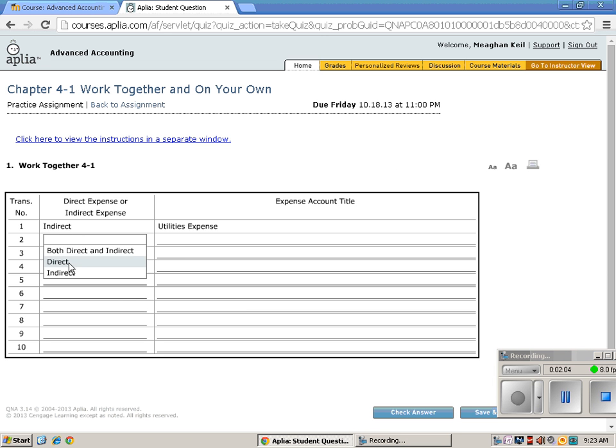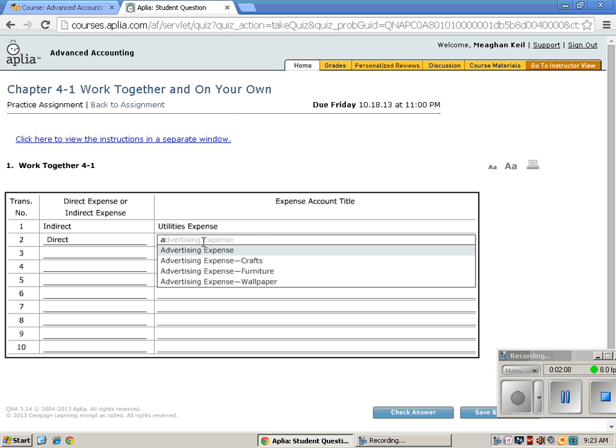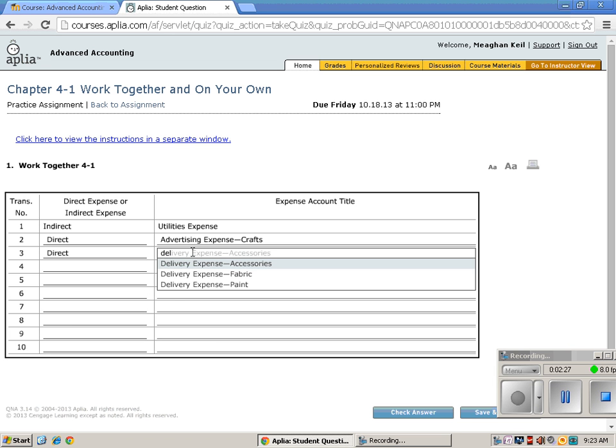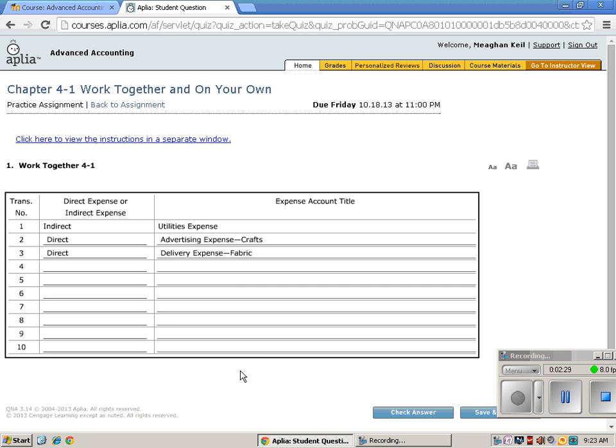It's going to be a direct expense for the craft department, advertising expense, crafts. Number 3 says we paid cash for rush delivery, the delivery expense, on a special order of fabric for a regular customer. Again, this is just for the fabric department, so it's going to be a direct, and it will be delivery expense, fabric.